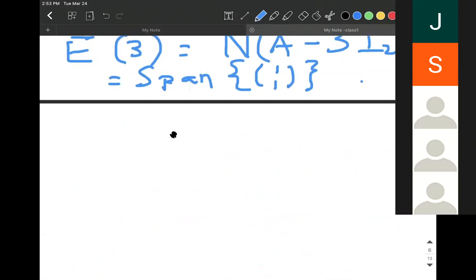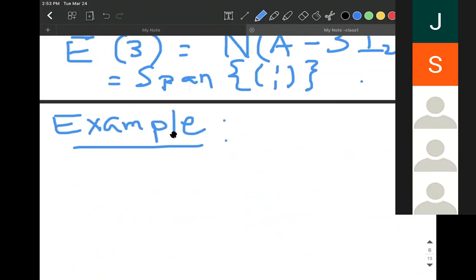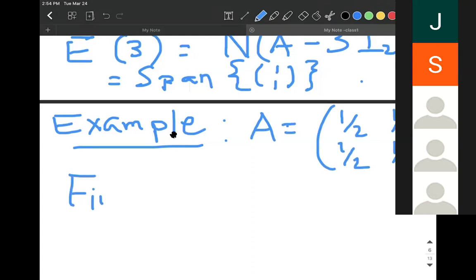Okay, so another example, and this is not completely computational. Suppose you have A in the following form, half. Okay, so this is our matrix.